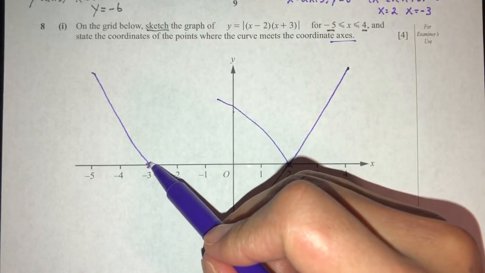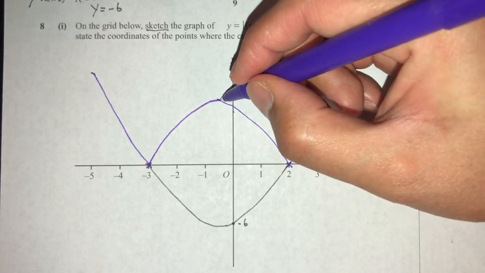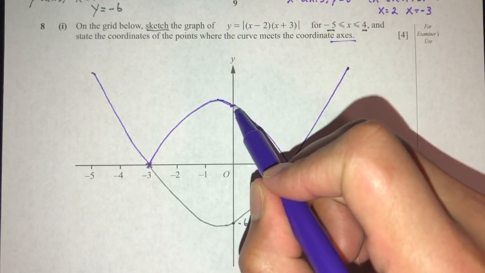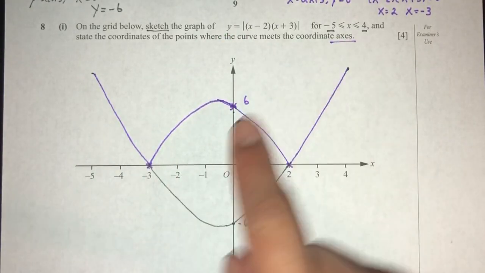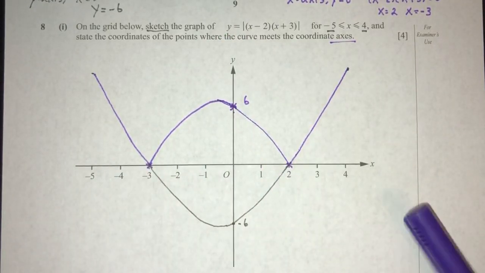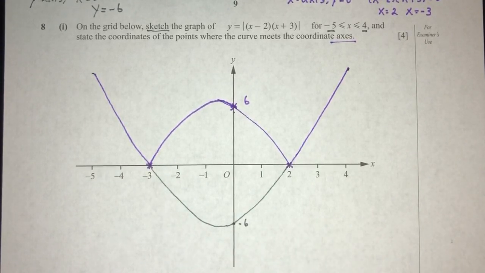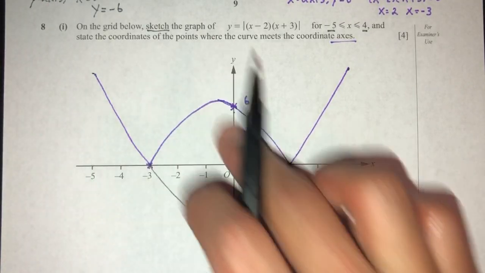Let's say it is something like that. Doesn't need to be exact, but you get the idea. So here that will be your point of 6. You have to show where it cuts your axis: 6, 2, and 3. And then you will of course erase this part, because this is not part of the answer. You have to erase the bottom one and only the top will remain.